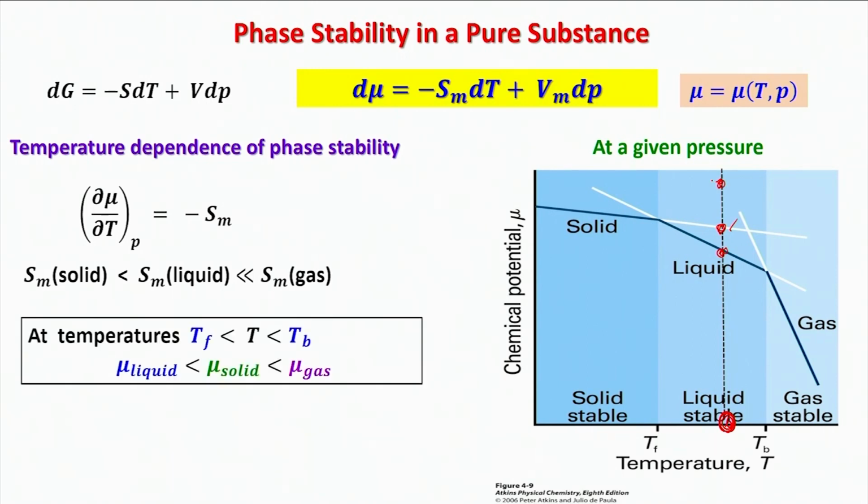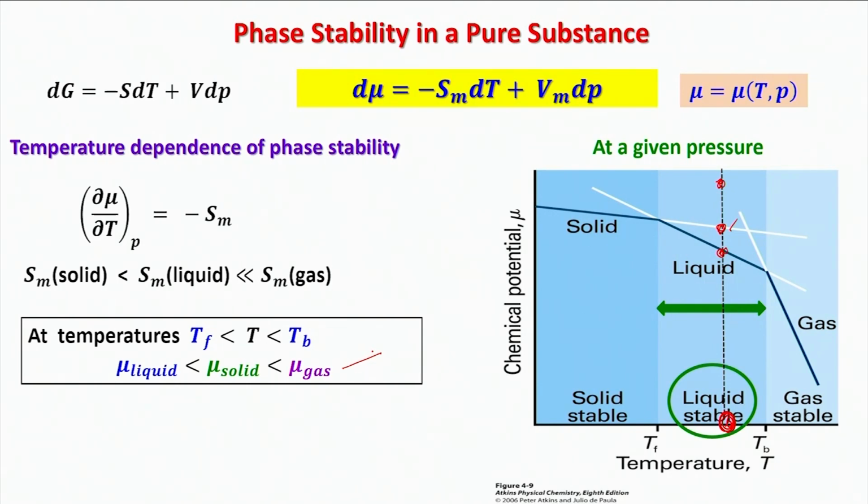Therefore, I can say at temperatures Tf less than T less than Tb, all the temperatures T like this, I must be having mu liquid less than mu solid less than mu gas. So that tells me that in this range of temperature, my liquid state is going to be the most stable phase.